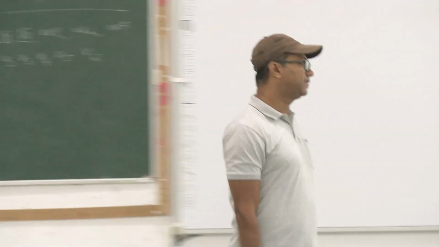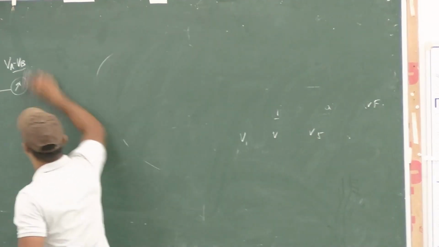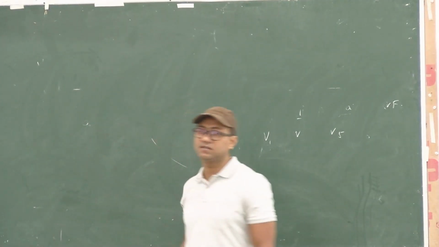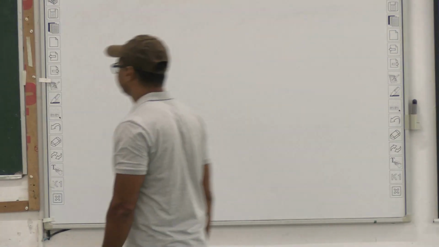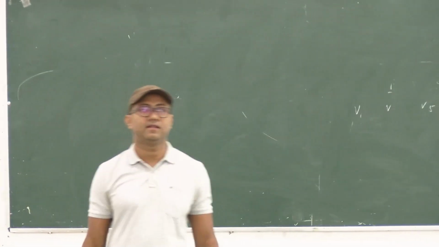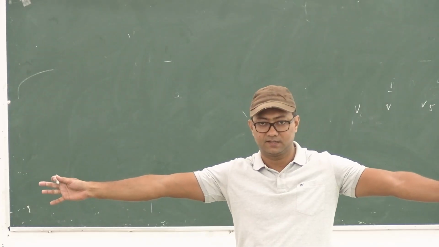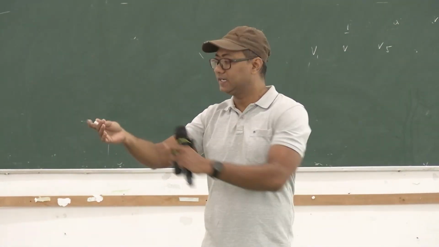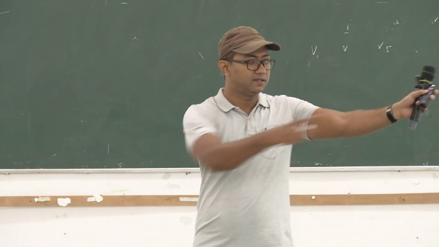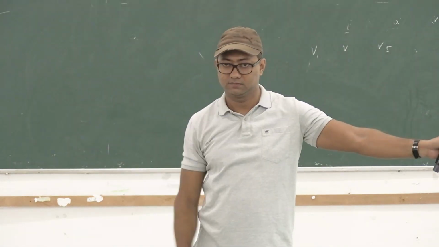Now the formation of the leads. Next concept is the formation of the leads. How ECG leads are formed. If I stand like this, you connect my right wrist, left wrist and left foot, you get a triangle, right?